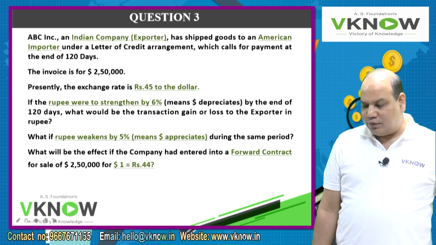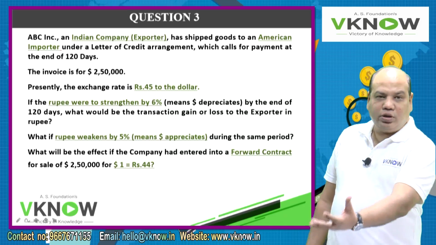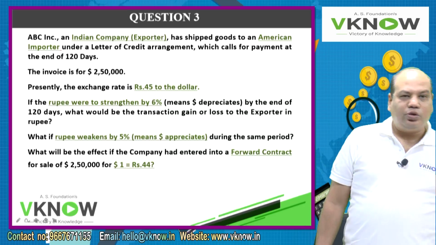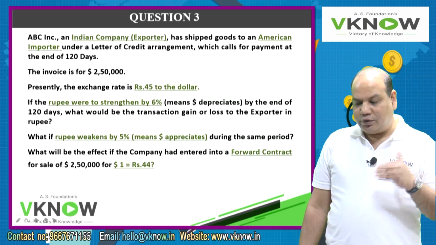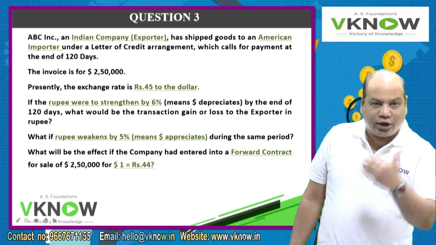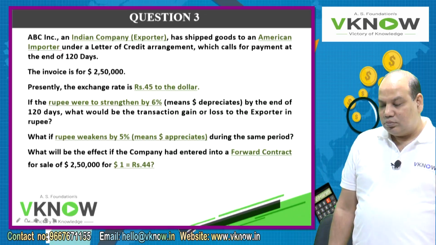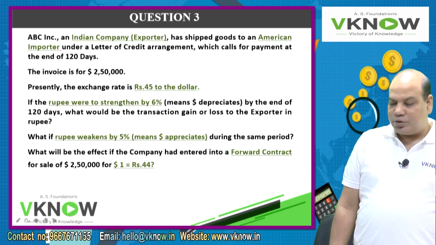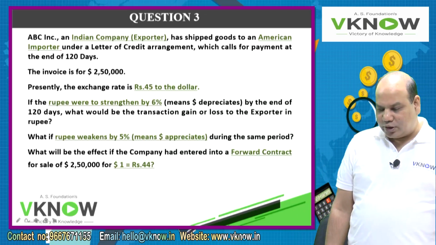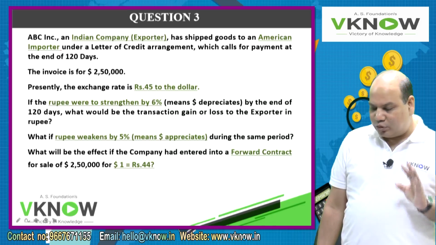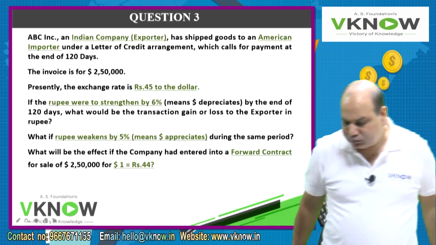And if the invoice is in foreign currency, he will receive the payment in dollar, which he will have to convert into rupees. And after 120 days, the rate of dollar can change. Presently, the exchange rate is rupees 45 per dollar. That is spot rate.